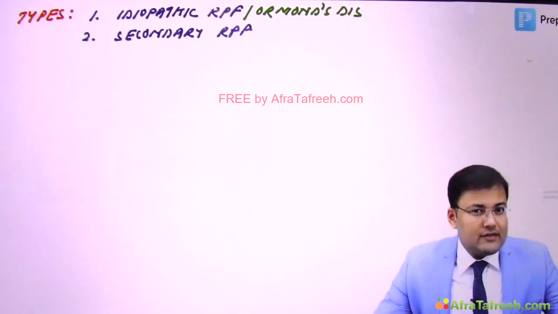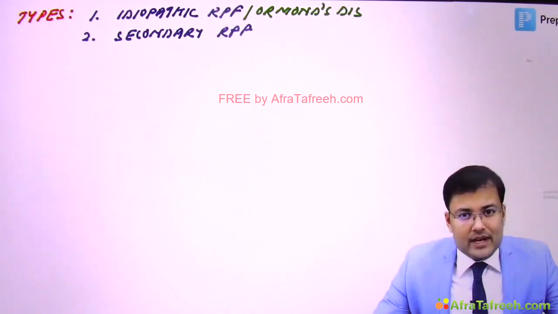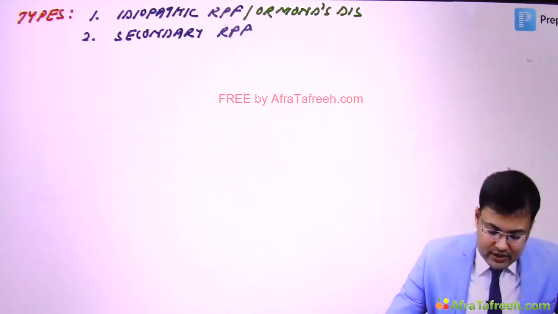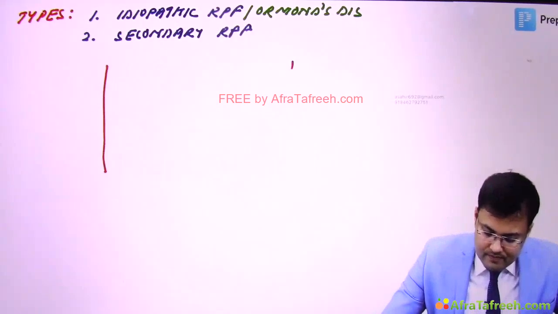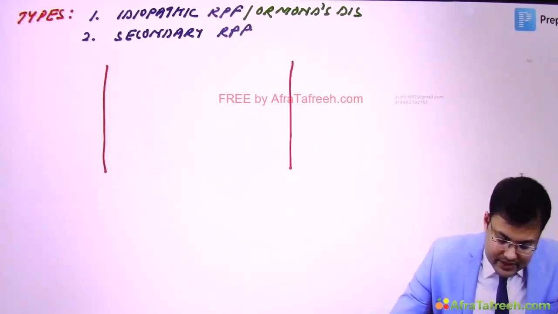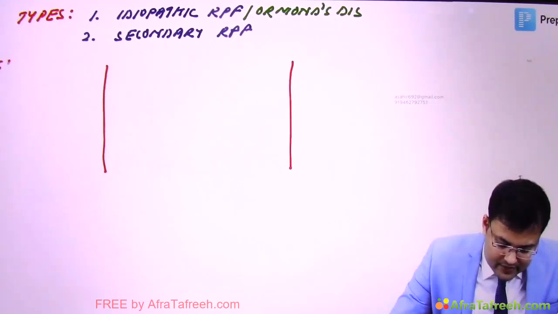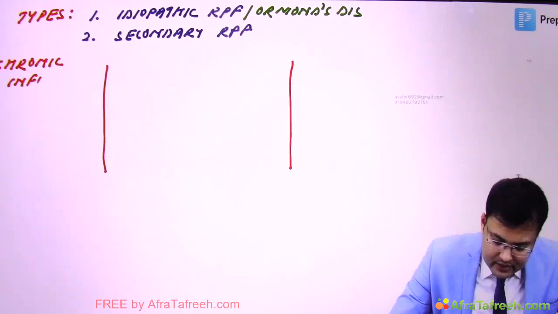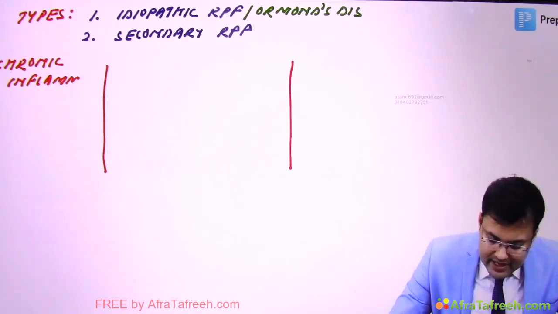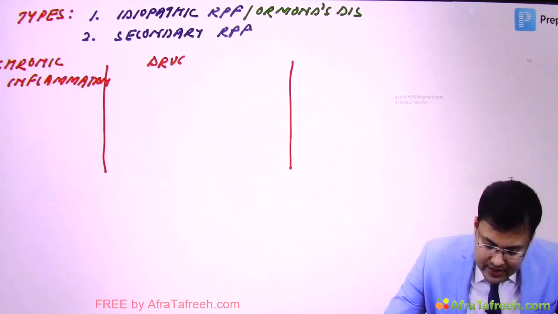So what are the causes of secondary retroperitoneal fibrosis? So see the causes. It can be seen secondary to chronic inflammation. There are many drugs which can lead to secondary retroperitoneal fibrosis.